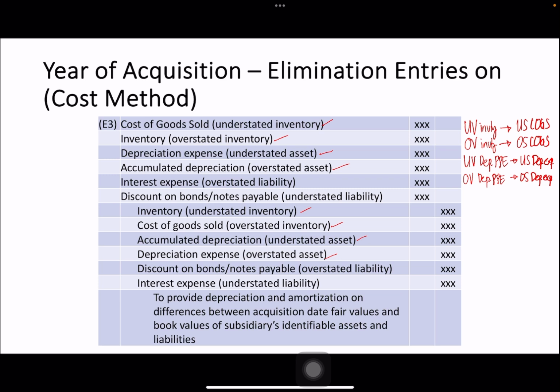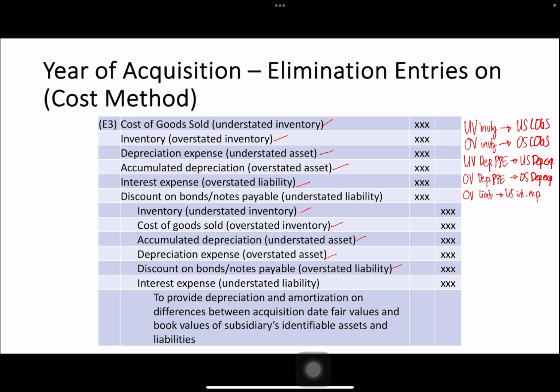To continue, overvalued liabilities implies that there is a discount, and the amortization of a discount increases interest expense. Hence, interest expense is understated. To correct, debit interest expense, credit discount on bonds or notes payable.